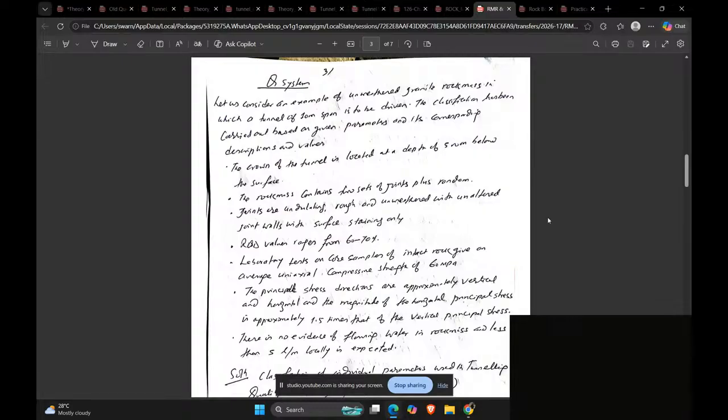Principal stress directions are approximately vertical and horizontal, and the magnitude of the horizontal principal stress is given, along with the vertical principal stress. There is no evidence of flowing water in the rock mass; less than 5 liters per minute locally is expected.